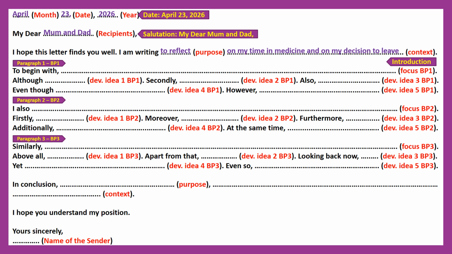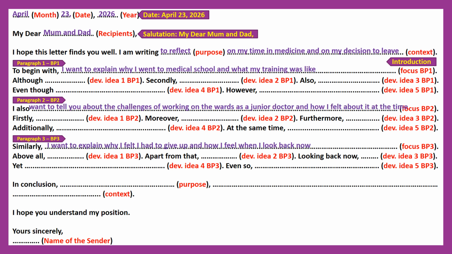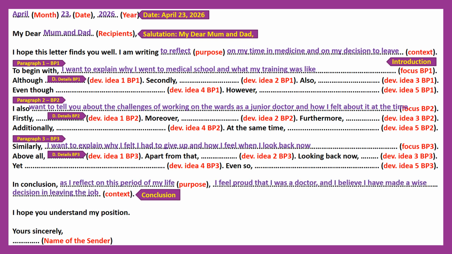Each body paragraph should be structured with a clear topic sentence that addresses one of the bullet points, introduced with an appropriate sentence starter. Each paragraph should include 5 well-developed ideas supported by relevant details from the text and connected with appropriate transitions. A conclusion that reinforces the purpose and restates the context. A complimentary close, the sender's name as the sign-off.